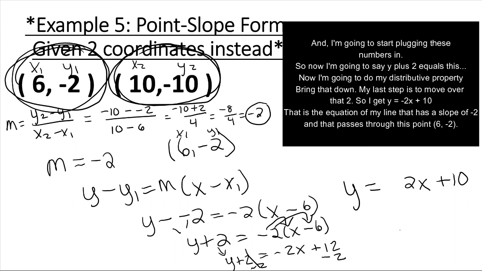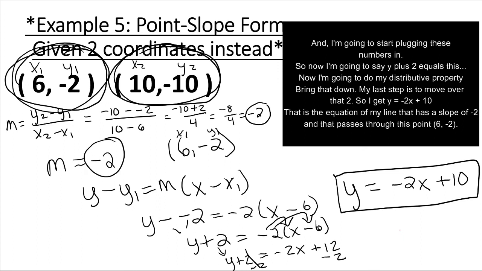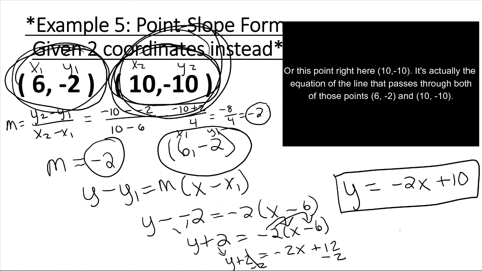That is the equation of my line that has a slope of negative 2, and it passes through this point, or this point right here. It's actually the equation of the line that passes through both of those points, (6, negative 2) and (10, negative 10).